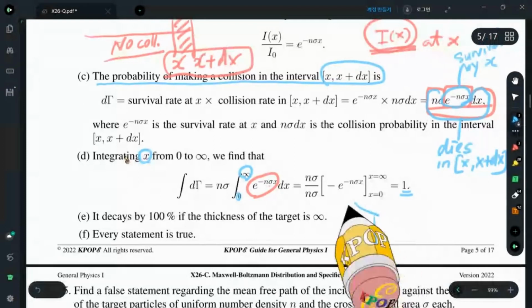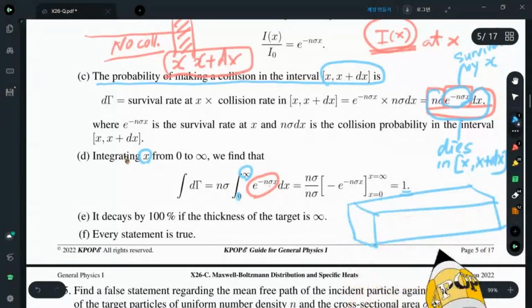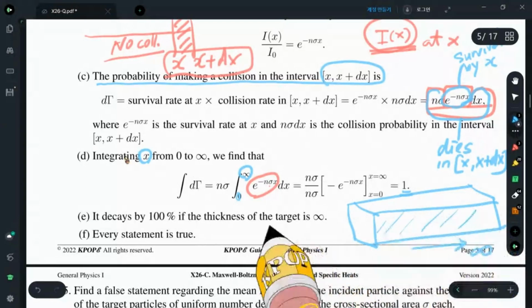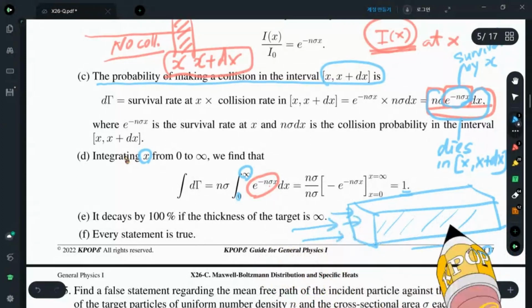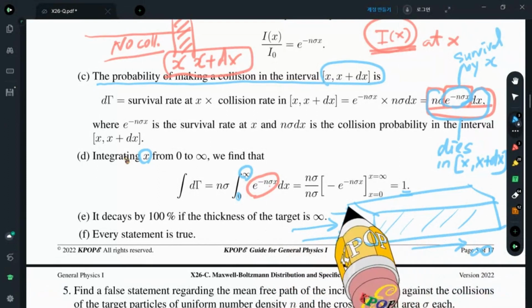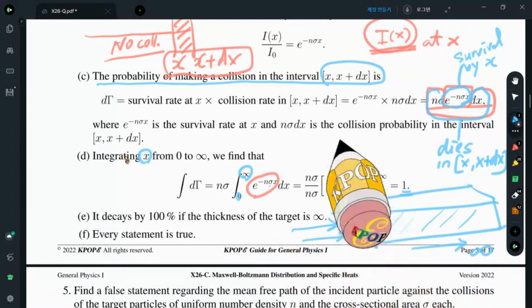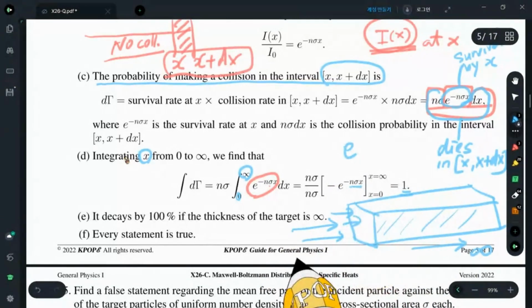So if we increase the depth of the target to infinity, then you will find that every incident particle must disappear. The population decays with exponential of n sigma x.